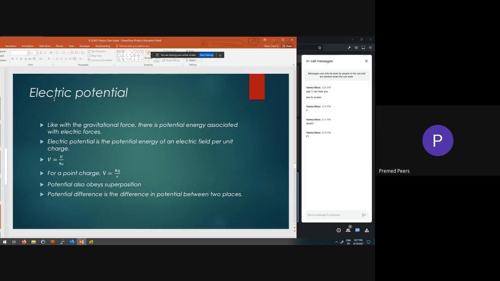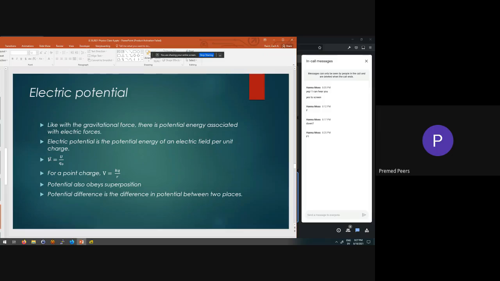But just like with the field, oftentimes we don't really care about the effect on a specific charge. We just want a general number that will tell us how it behaves for anything. That's the potential. The potential is the potential energy per unit charge, just like how the field was the force per unit charge. So here's that formula.